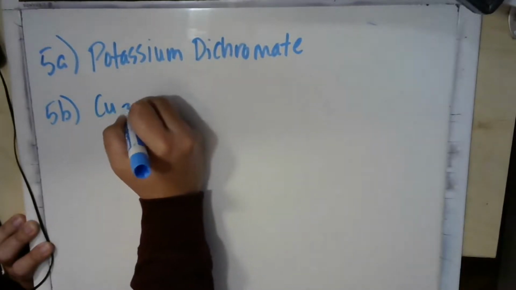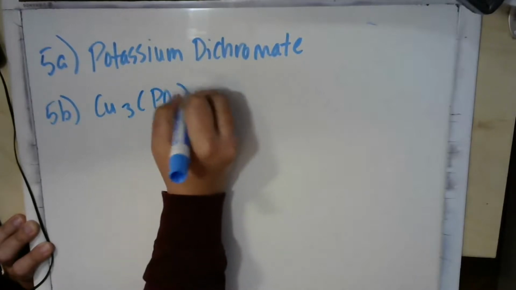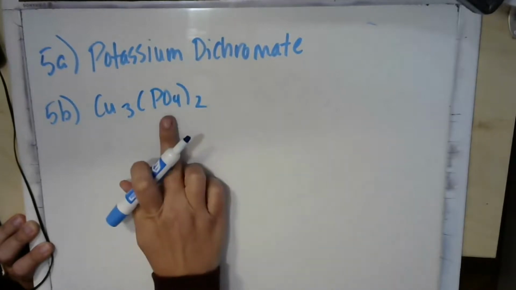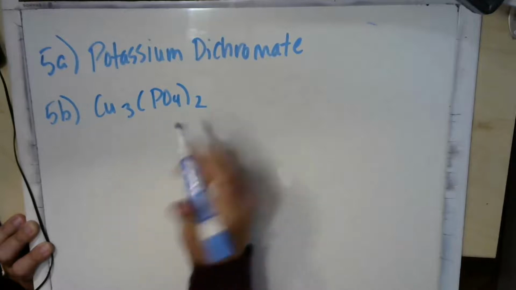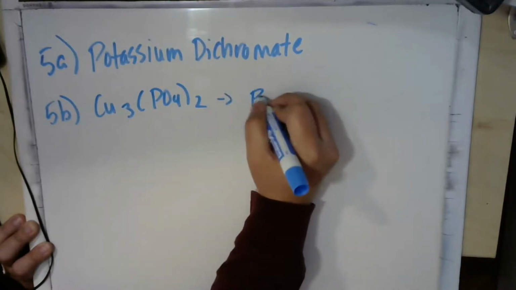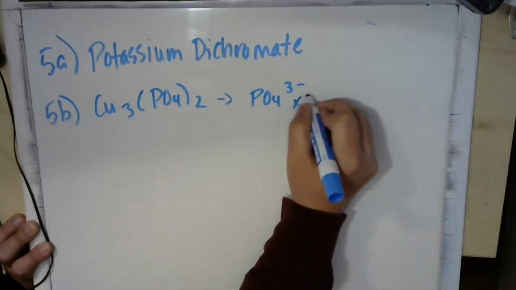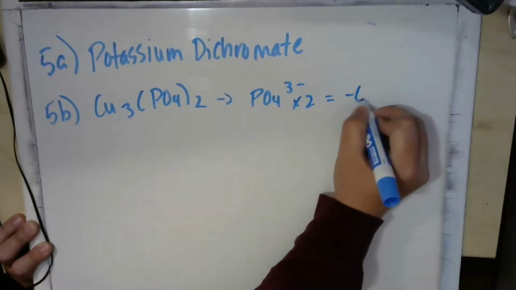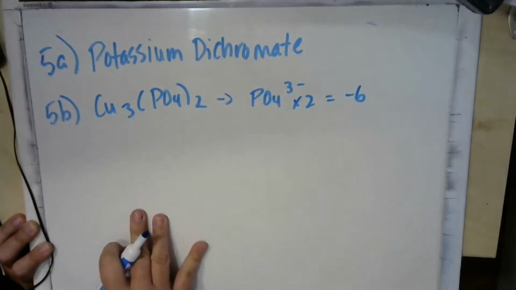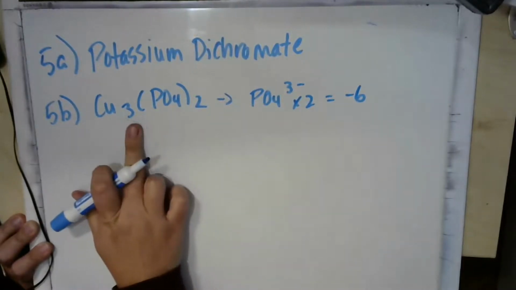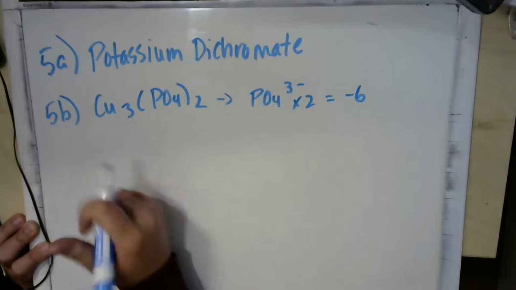So we have Cu3(PO4)2. Okay, we know that the charge on the phosphate is a -3. We know that there are 2 of them, which means that the total charge from the phosphate is going to be a -6. We know that there are 3 coppers.